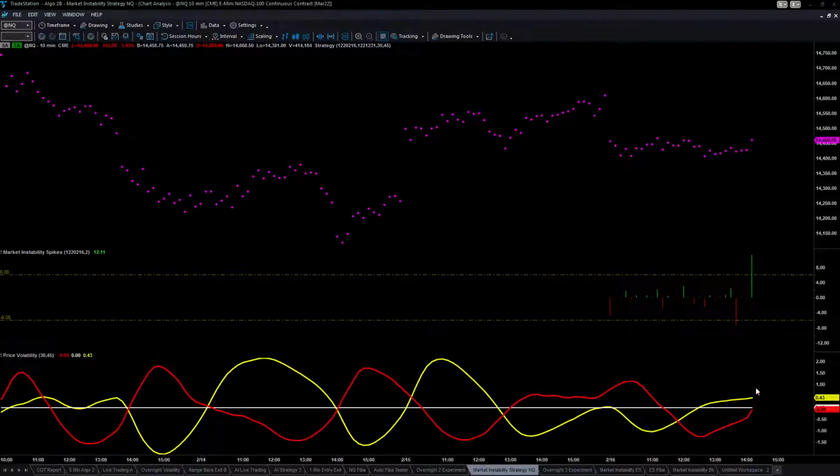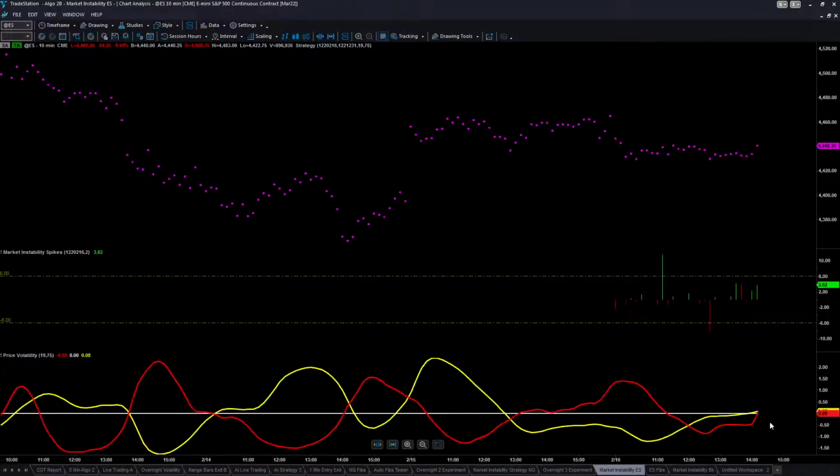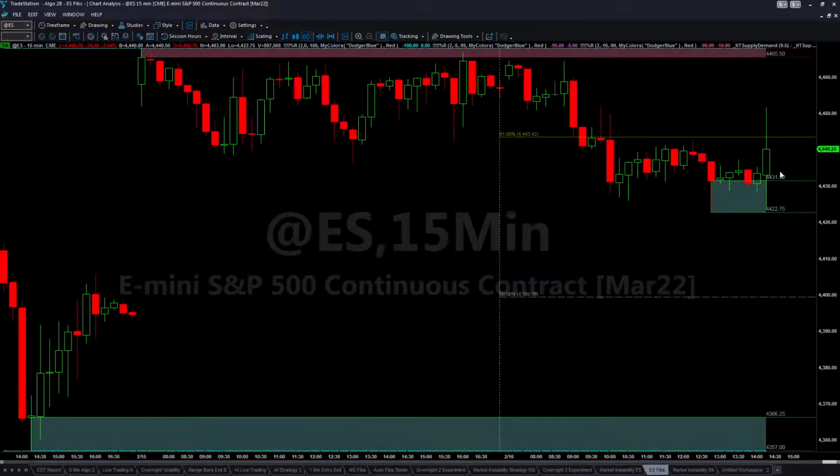I'd have to wait to see if these cross right here. That and that right there as well. And yeah, this thing just smacked down, and that was the end of it right there.